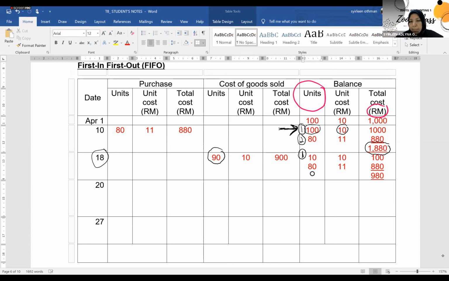The second batch tadi, you tak usik lagi. You haven't sold anything taken from the second batch. So, on the 18th, after selling 90 units of inventory, my ending inventory is 10 unit pada harga RM10 and 80 unit pada harga RM11. So on the 18th of April, my ending inventory is 980.